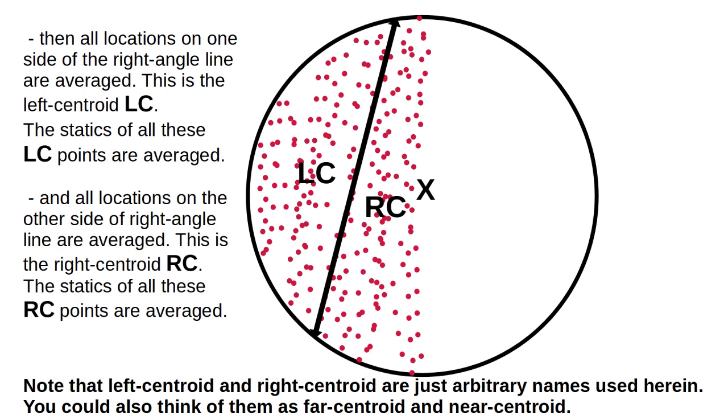The statics of all these LC points are averaged, and all locations on the other side of the right angle line are averaged. This is the right centroid RC. The statics of all these RC points are averaged. Note that left centroid and right centroid are just arbitrary names used herein. You could also think of them as far centroid and near centroid.